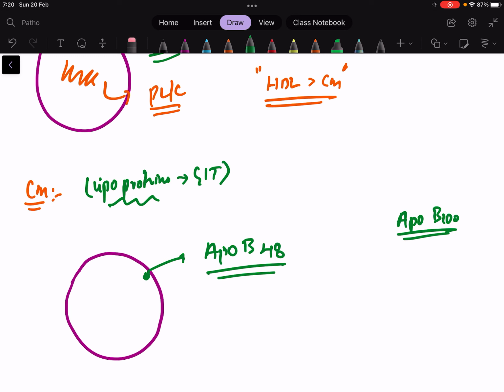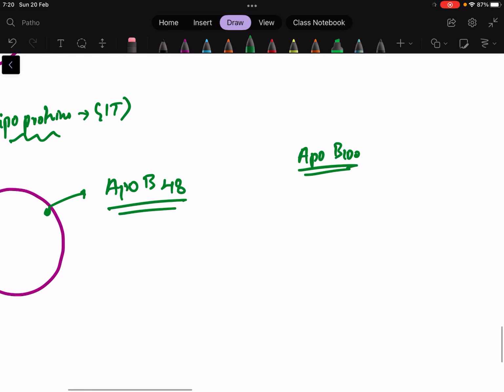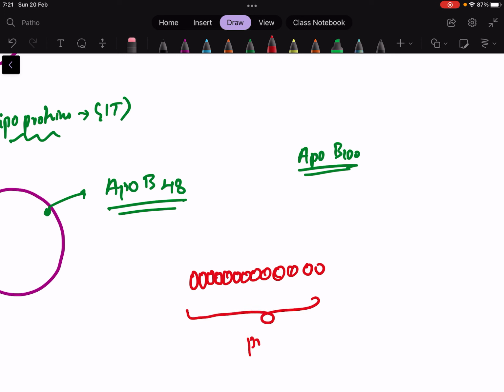Actually, normally, suppose this is one amino acid, this is the second amino acid, the third amino acid, and eventually all the amino acids will fuse and make a long chain called your protein.